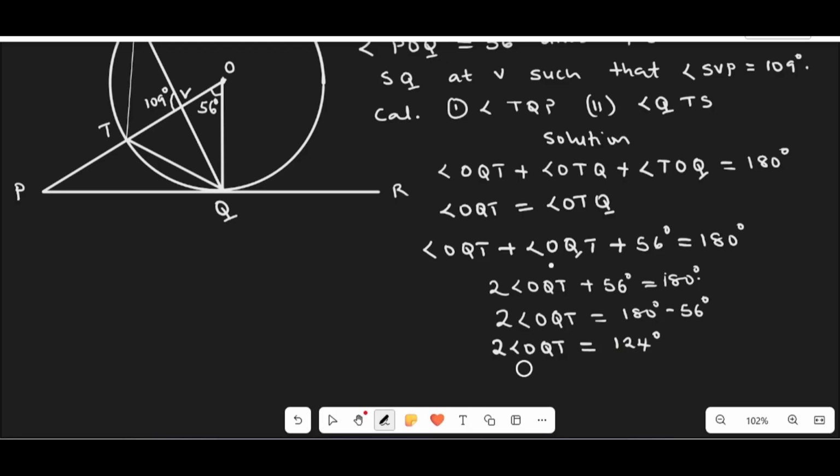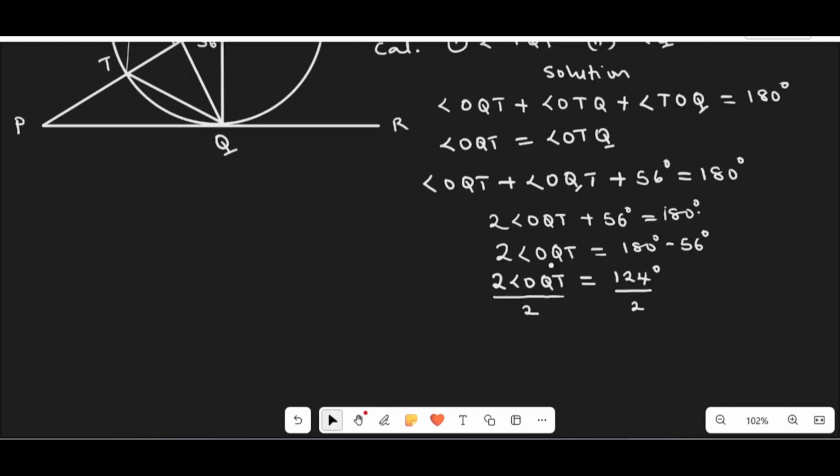To calculate angle OQT, let us divide both sides by 2. Angle OQT equal to 62 degrees.